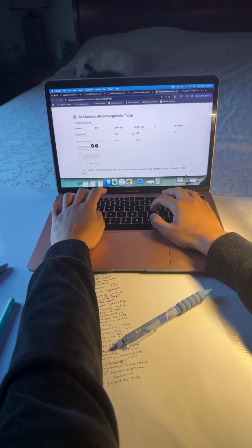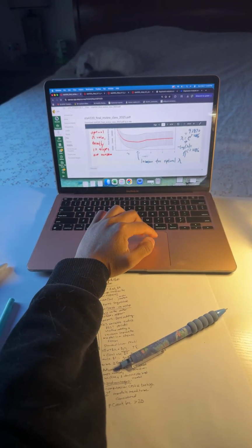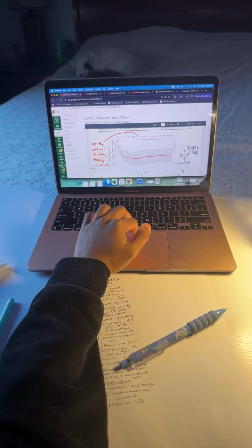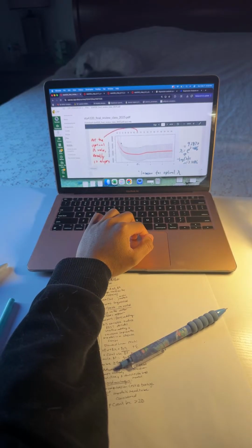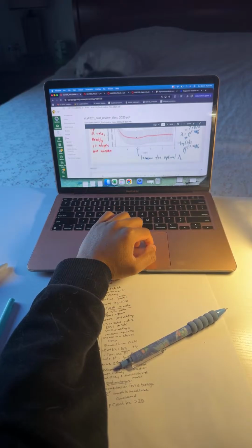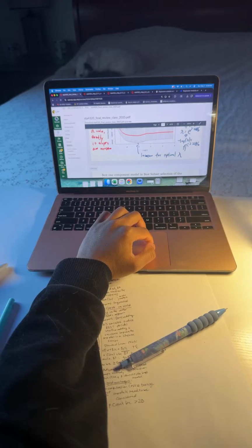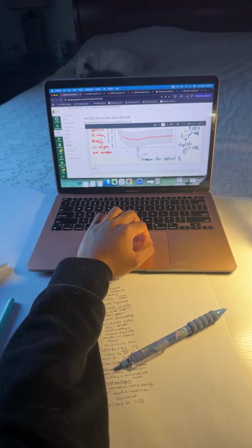And what else is confusing about this? At the optimal lambda value, which is 10, exactly 10 slopes around here. What? Optimal lambda... Oh, this is the optimal lambda. Okay. Optimal lambda is what? Literally -2.1 or something.